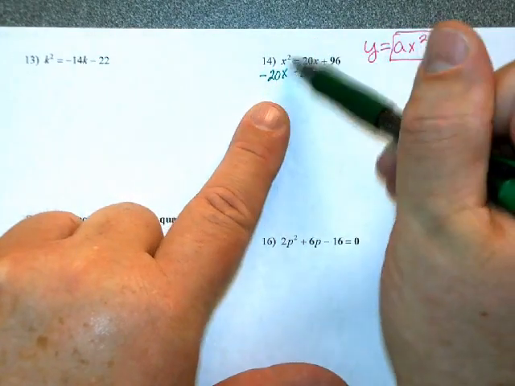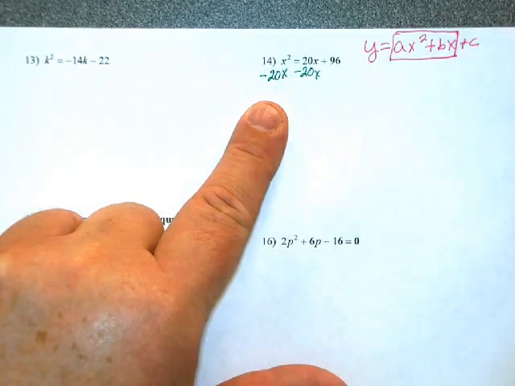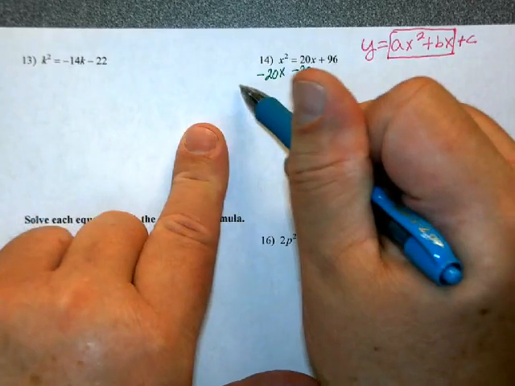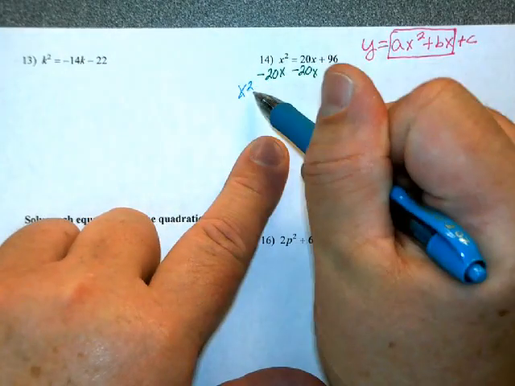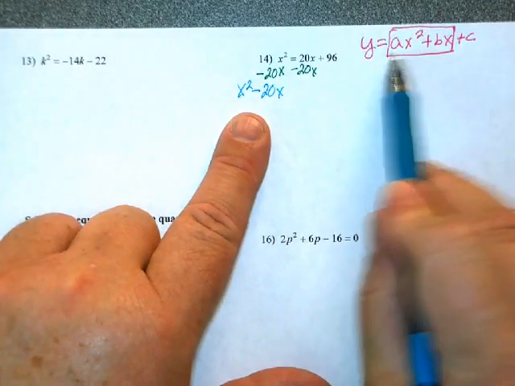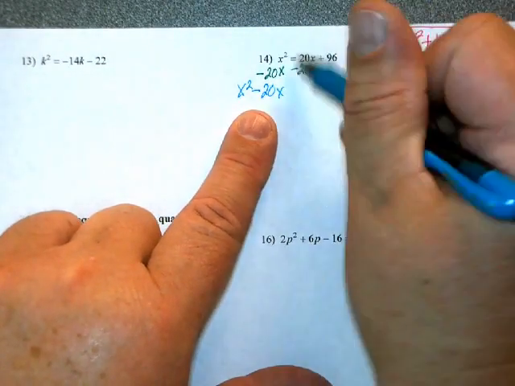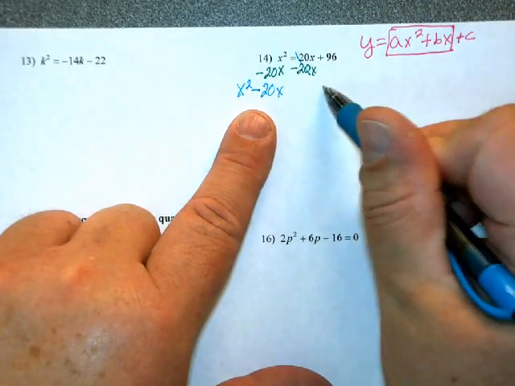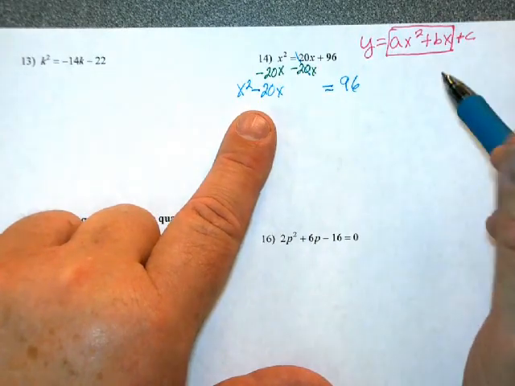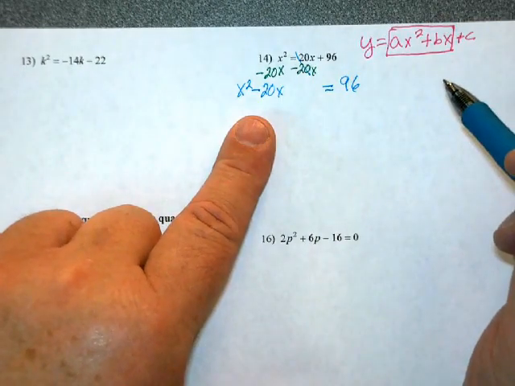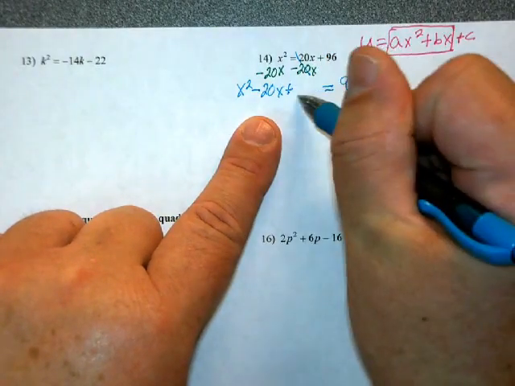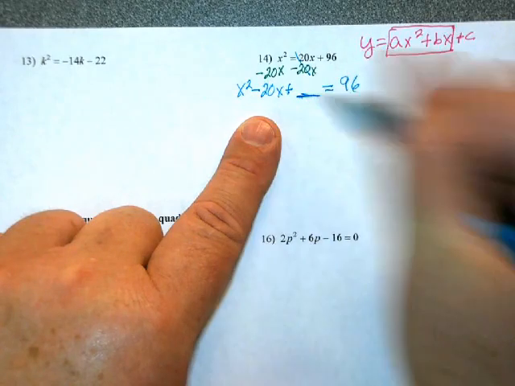I have my x squared and my minus 20x, so there are my first two terms. I'm going to leave the 96 on the right-hand side. But then I have to find a perfect square to add to these two terms. I'll be adding a number here, which is a perfect square, but don't forget I have to do it to both sides.